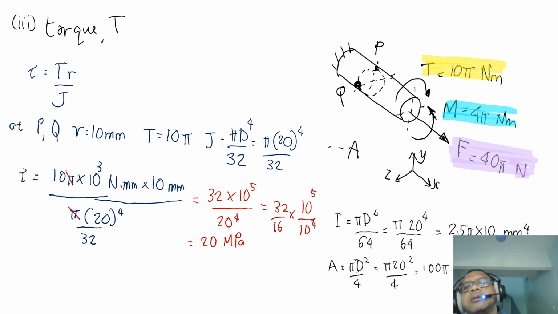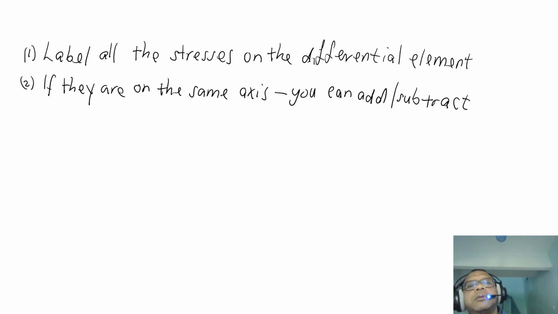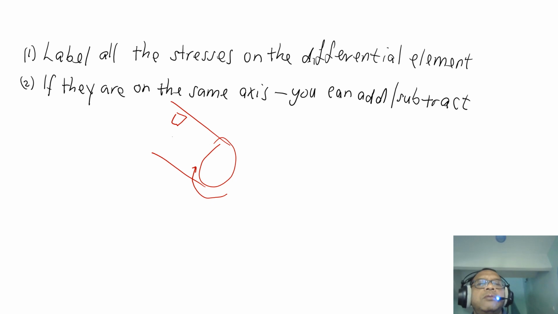So if I were to draw, I will take the direction. Oops, sorry. So I were to draw that. It's like this. So P is up there and Q is here. Again, we'll just follow the stress element.